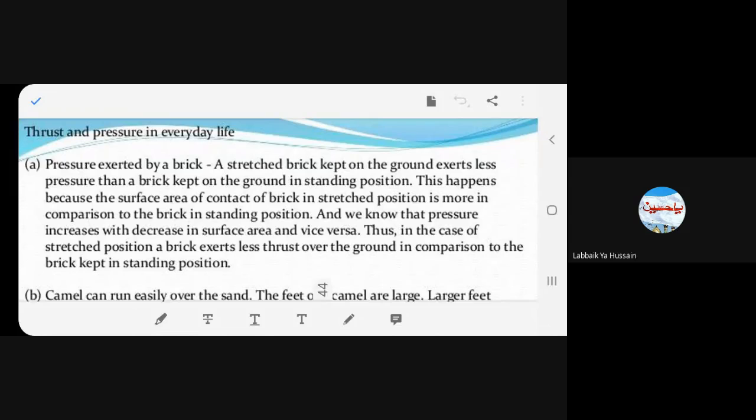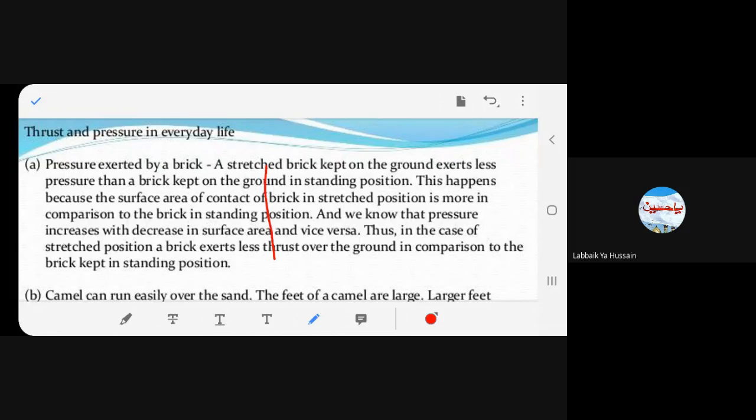As we know that pressure increases with decrease in surface area and vice versa. Thus, in the case of stretched position, a brick exerts less thrust over the ground in comparison to the brick kept in the standing position.